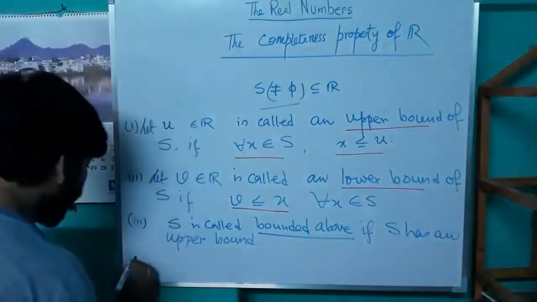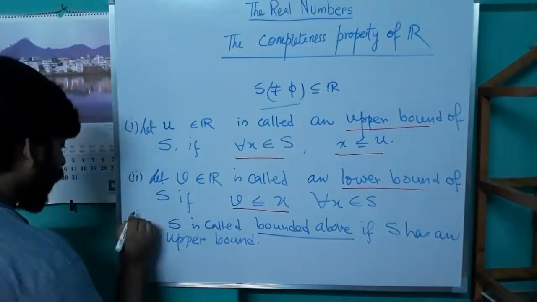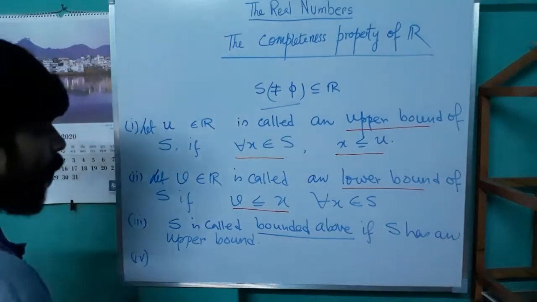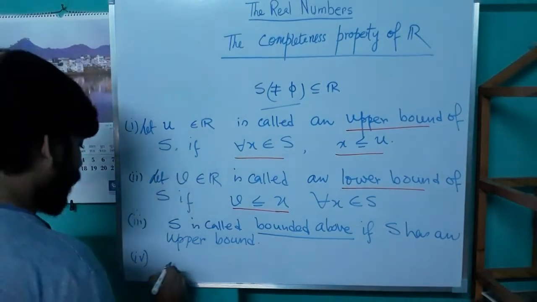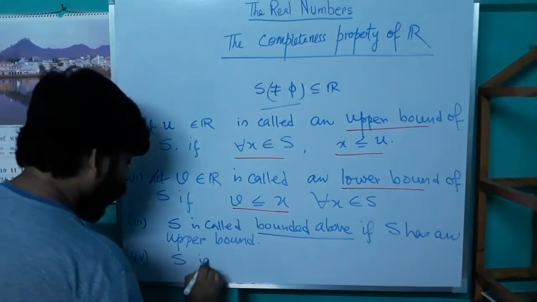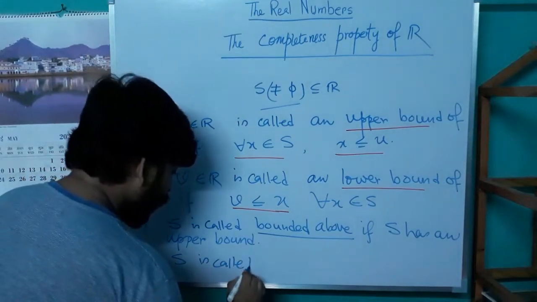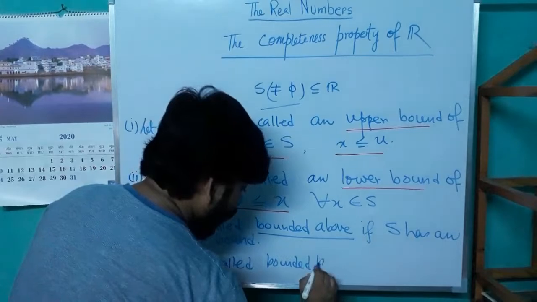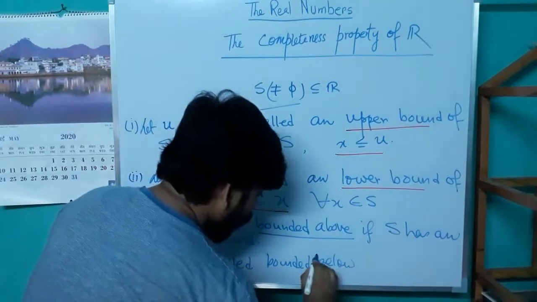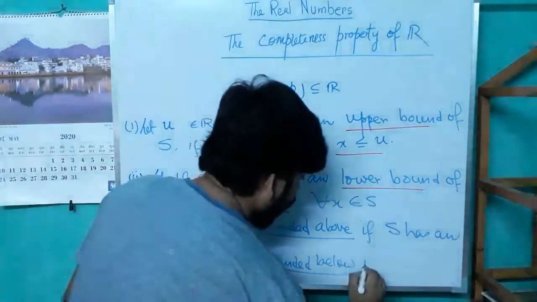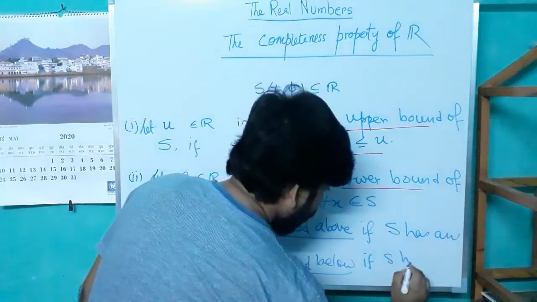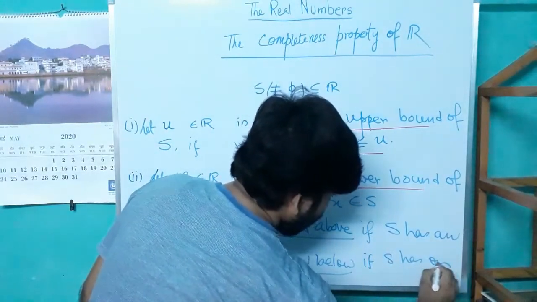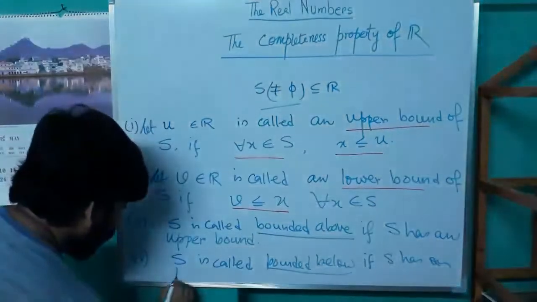And similarly we can define a bounded below set. A non-empty set S is called bounded below if S has a lower bound.